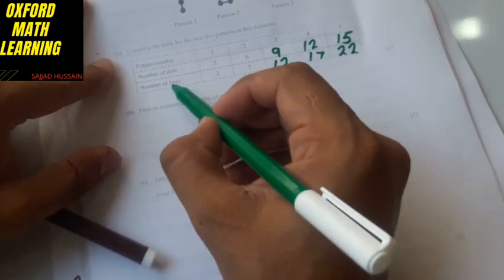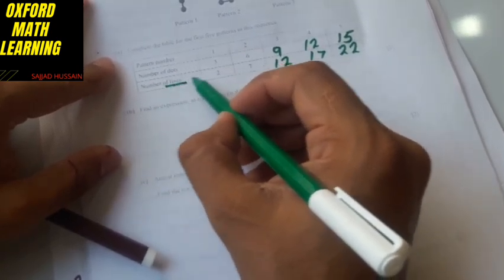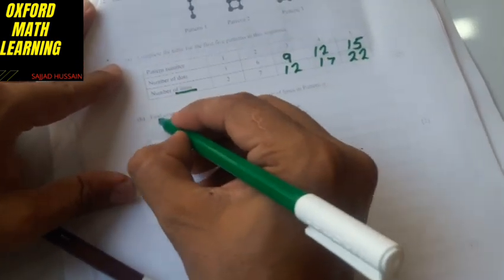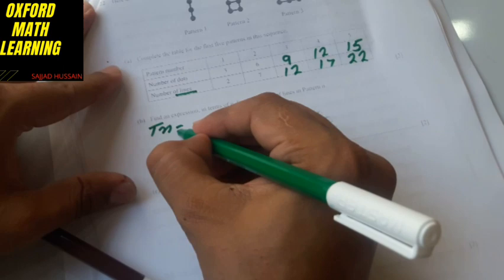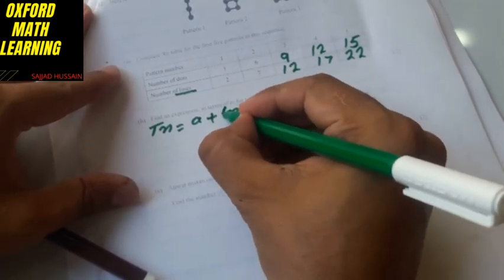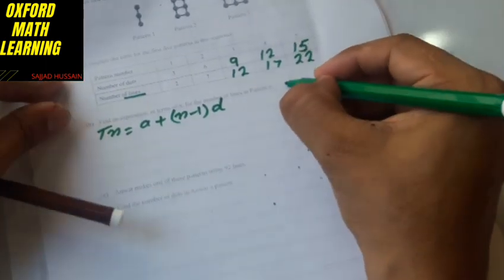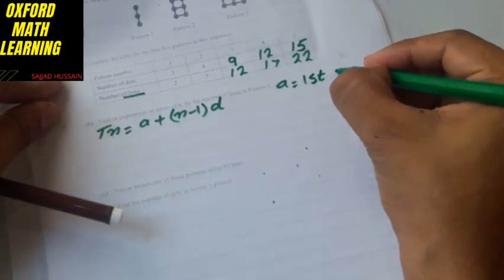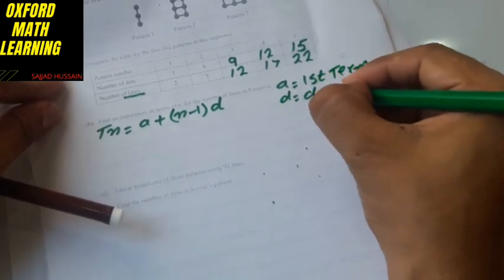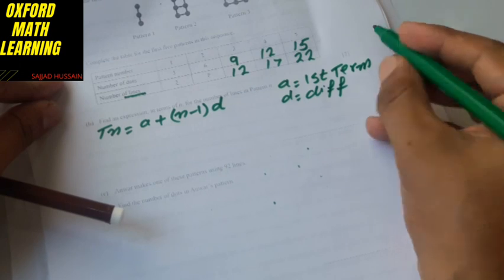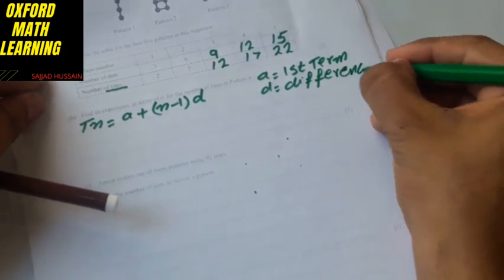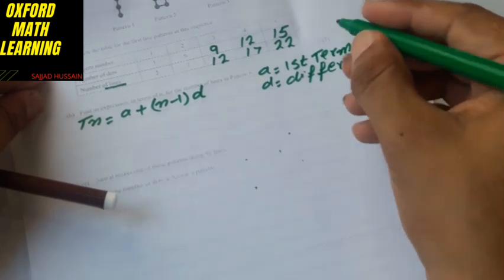Find an expression in terms of n for the number of lines in pattern n. So we have to find the pattern of the number of lines. The formula for the pattern is Tn is equal to a plus n minus 1 into d, where a is the first term and d is the difference.